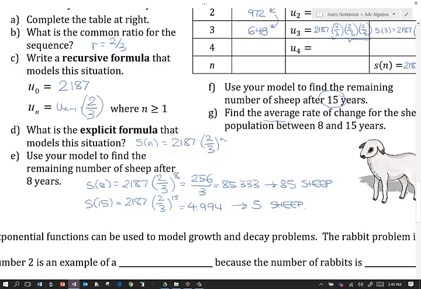Now to figure out the average rate of change, remember that this is a slope, m is going to be the number of sheep after 15 years, which was 5, minus the number of sheep after 8 years, which was 85, divided by the years for each of them, which was 15 years to get down to 5 sheep and 8 years to get down to 85.